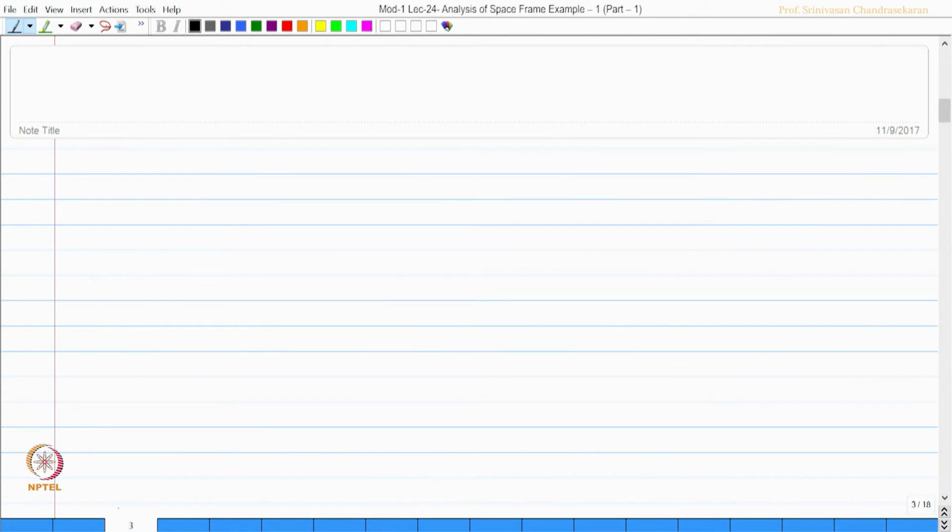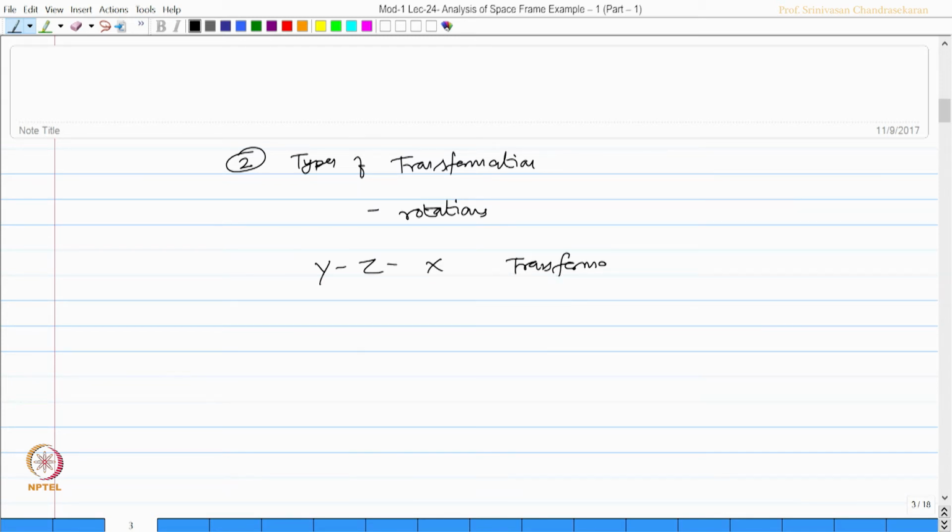One can do two types of transformations. In fact, to be very specific, we should say two types of rotations. One is the y z x transformation, which will ultimately give you psi y. Another is the z y x transformation, which will give you psi z.